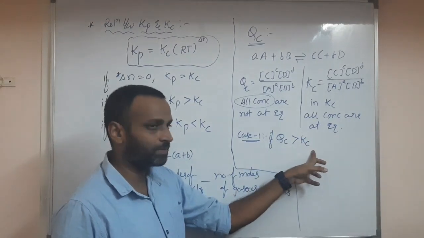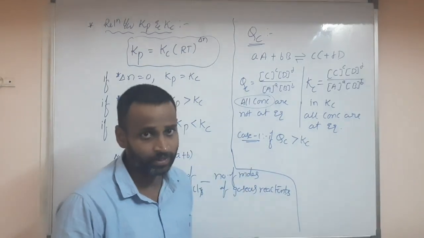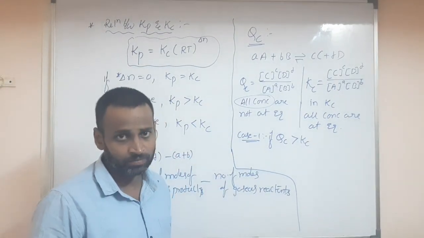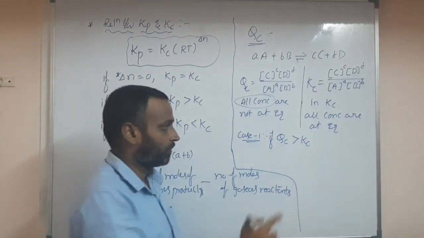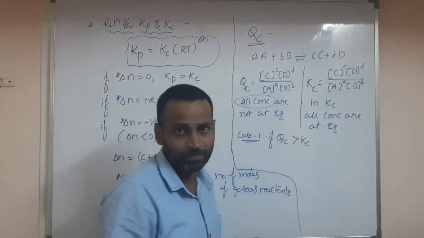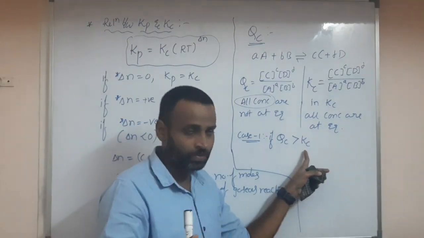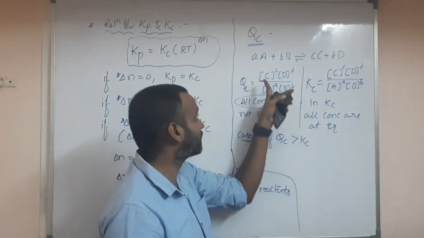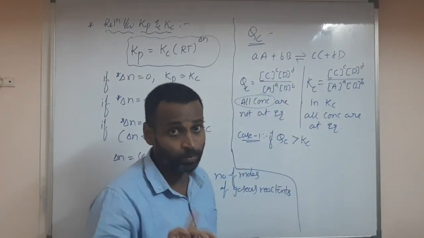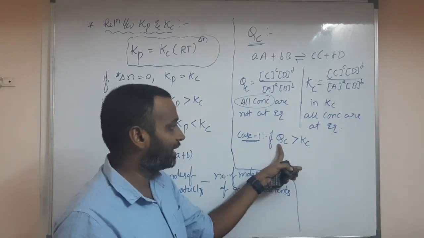They will give Kc, then you will compare Qc and Kc and see which is big. In the question Kc they will give, Qc you will calculate, because at a certain instant they will give these concentrations, not at equilibrium.